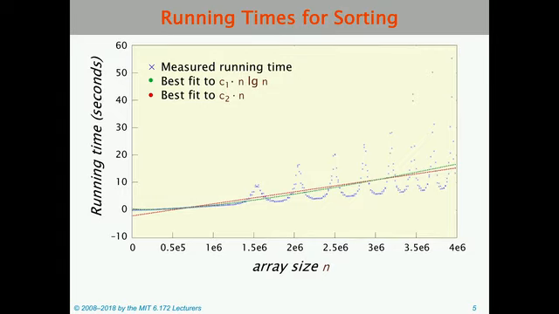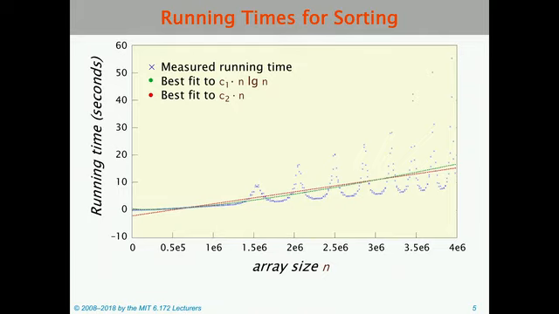You notice that even though we're going up to 4 million here, there's not that much difference between n log n and order n. You can see it mostly down in the tails. Definitely the n log n follows a little bit better, but really log n is pretty small already.